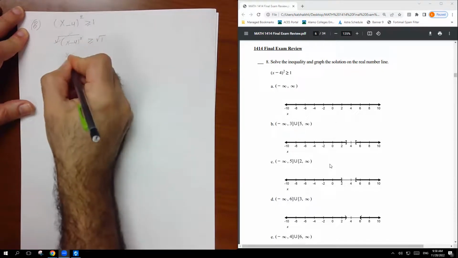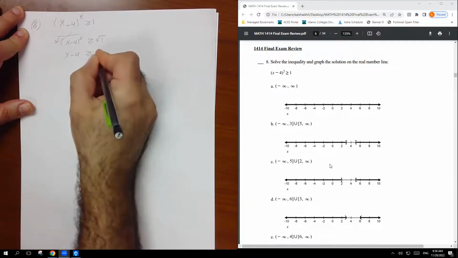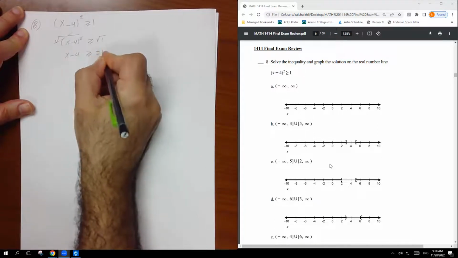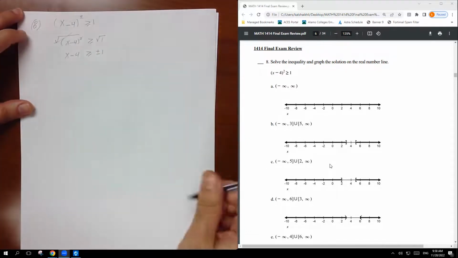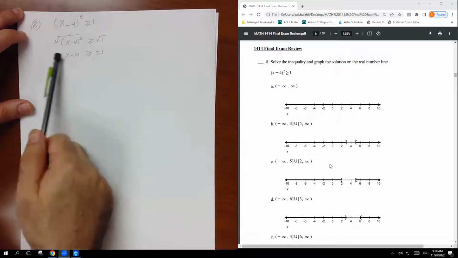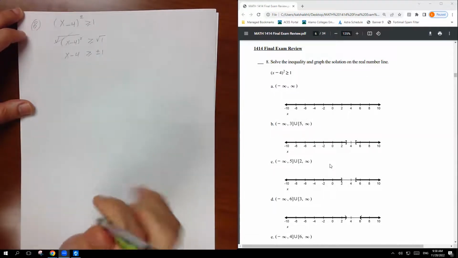It's going to be x - 4 greater than or equal to plus or minus 1. I just need to find the critical numbers. If you want to convert this to an equal sign and solve it, or keep the greater than or equal, it's the same thing.